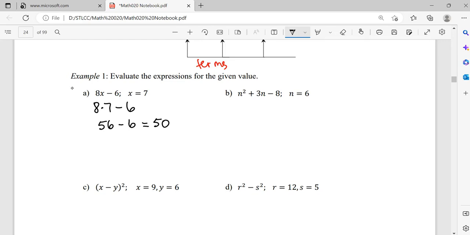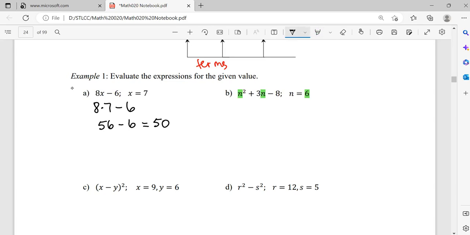We have an expression, n squared plus 3n minus 8, and we need to evaluate that for n equals 6. Again, your first step is to take the value n equals 6, and everywhere you see the n, you're going to use the 6.